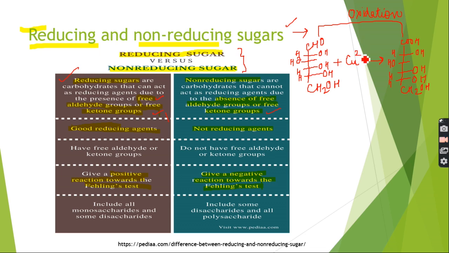Okay, reduction of Cu2+ to Cu+, cupric ions to cuprous. Okay, so this is reduction.